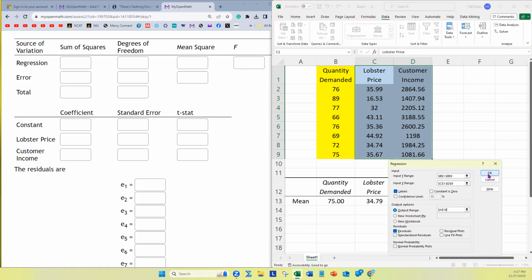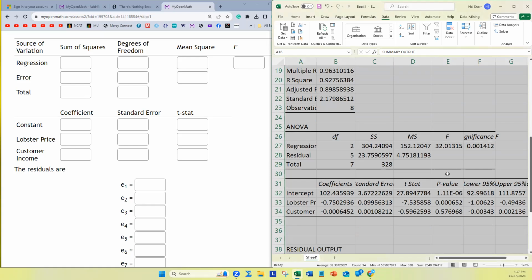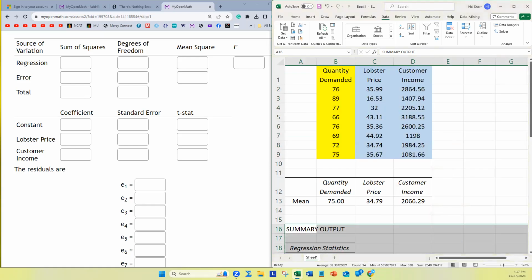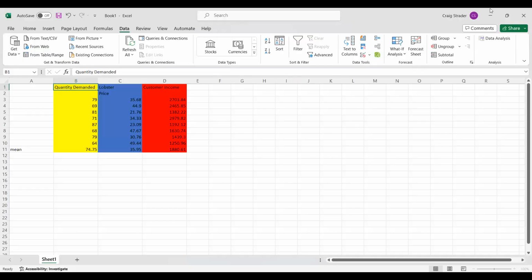Uh-oh. Regression input range contains non-numeric data. Okay, let me click OK. When you're done, it should look like this, right? Let me have you share your screen, Craig. One moment. Okay. We put quantity demanded in the Y range, right?